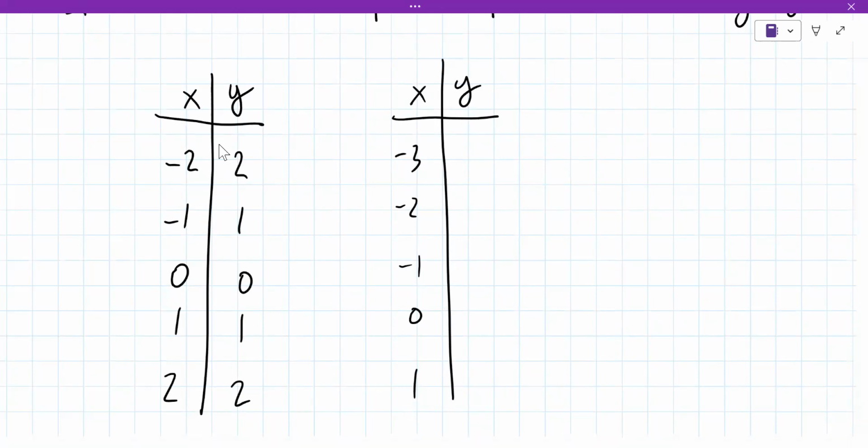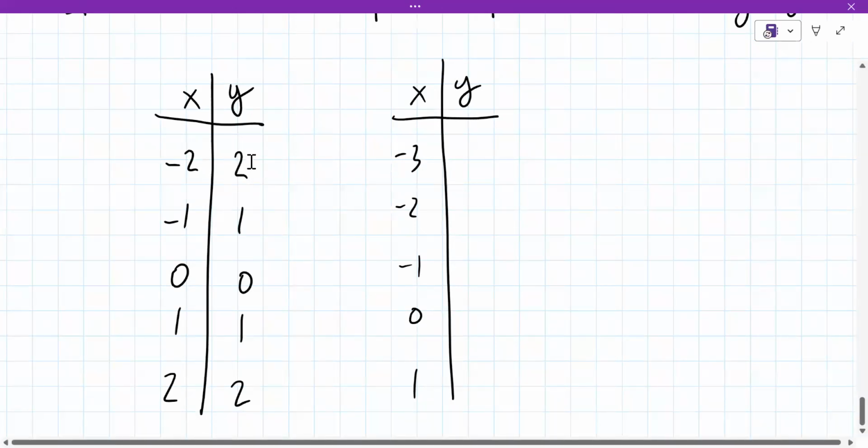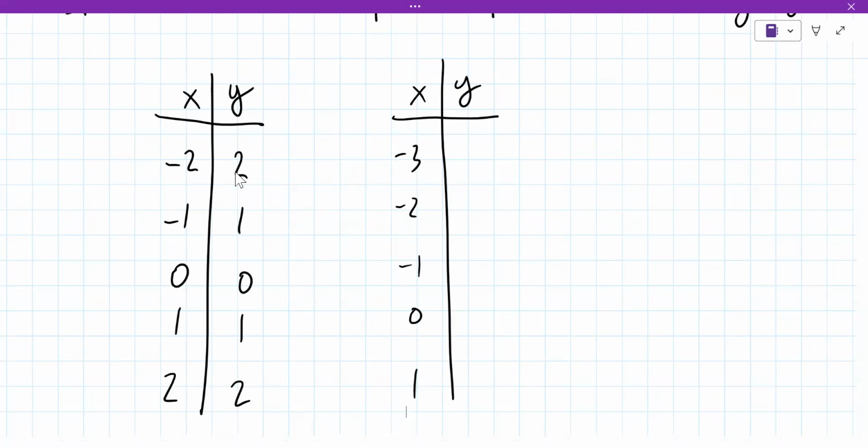Can you do that for me? Times 4, subtract 8. 0, -4, -8, -4, 0.